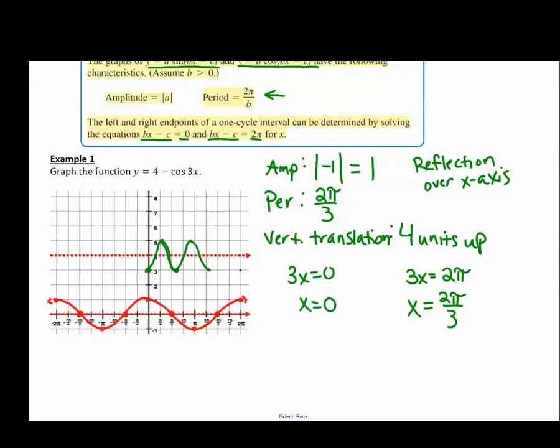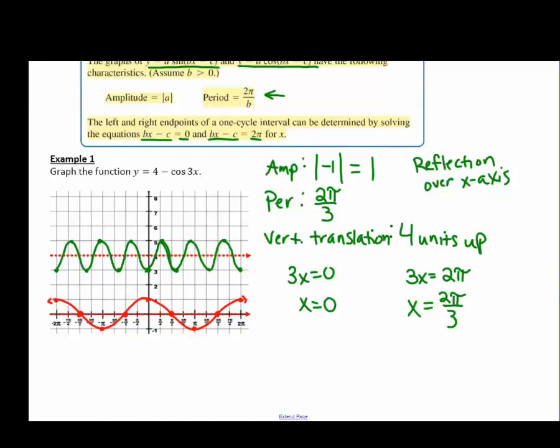And then we can go one more. Okay, and then we can reflect that over the x-axis to get the next side. And there is the graph of 4 minus cosine of 3x.